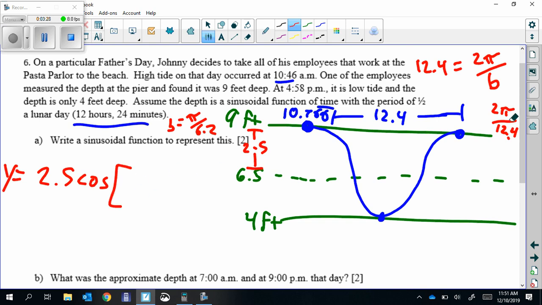Then we put B, pi over 6.2, times x shifted to the right to 10.766 repeating, plus our vertical shift, which was right up here to 6.5.